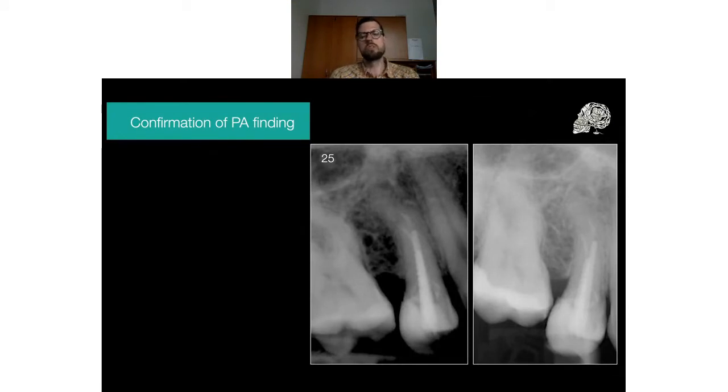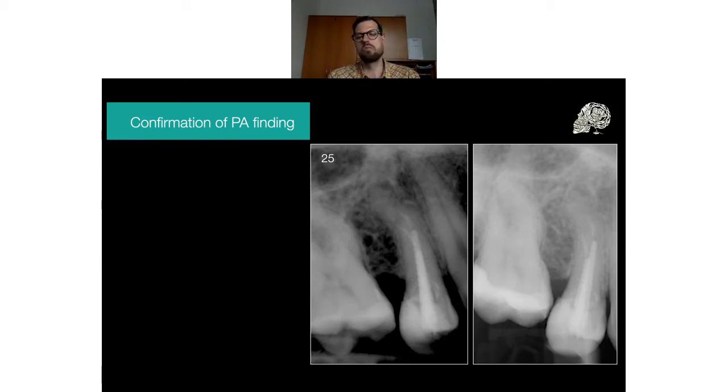So here was the question: is there or is there not a lesion on the apex? If there were, maybe we would try to do re-endo, or we would extract the tooth. But there's the problem with the post. There's the problem with not so much space. So we can do CBCT.